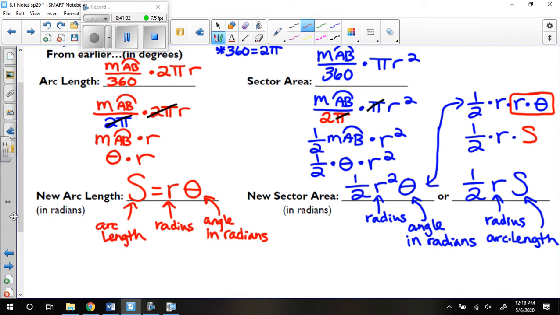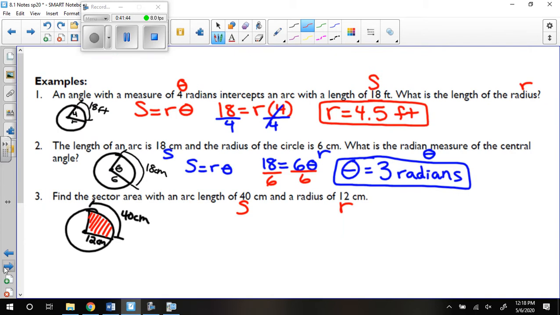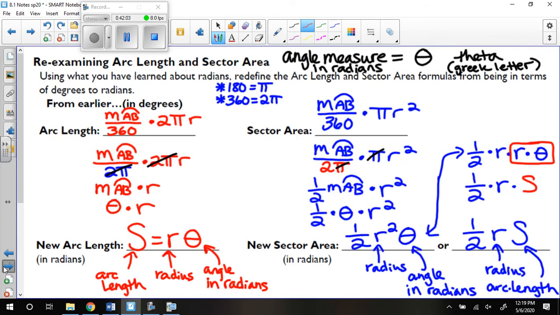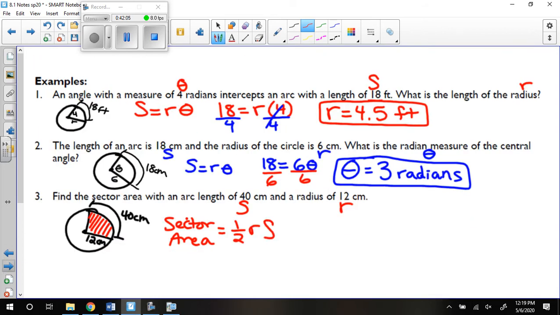Sector area, down here on the right, I have a formula, 1/2 rs. It has s and r in it. So sector area equals 1/2 rs.